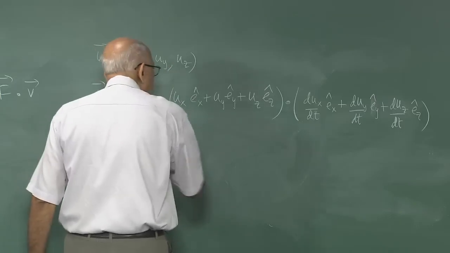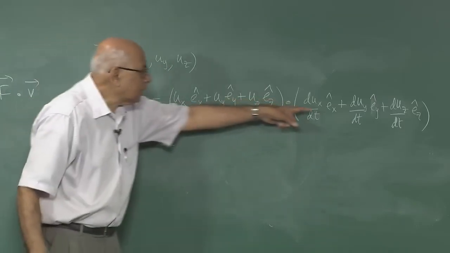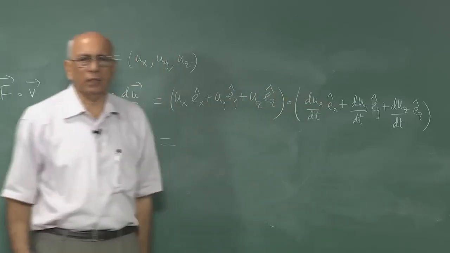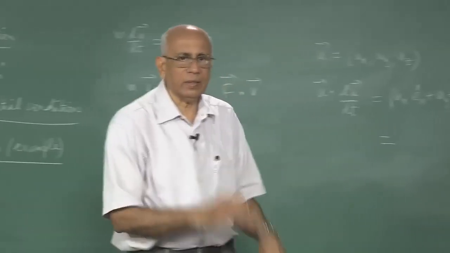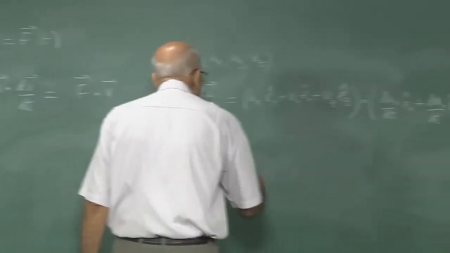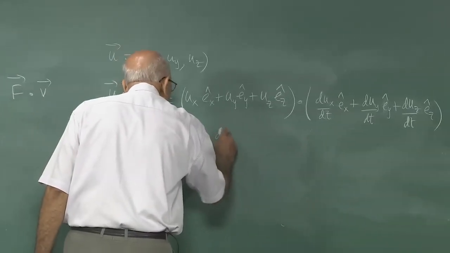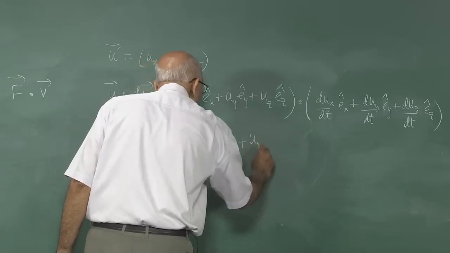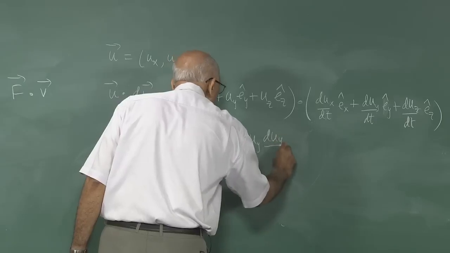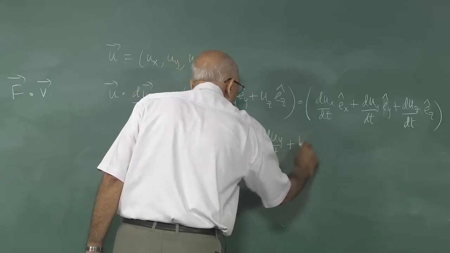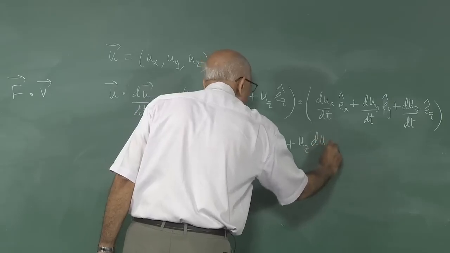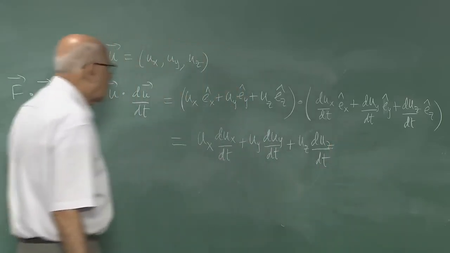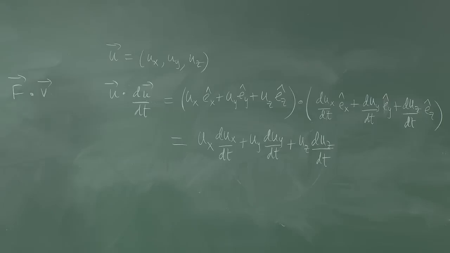Ex dot ex is 1, and Ex dot Ey is 0 and Ex dot Ez is 0 because these are perpendicular vectors. Therefore, this thing becomes ux dux over dt plus uy duy over dt plus uz duz over dt. It's identically equal to that.